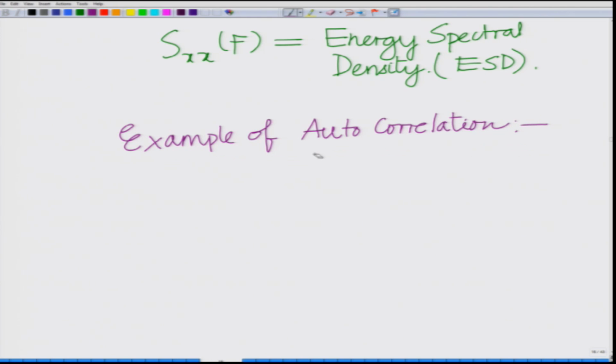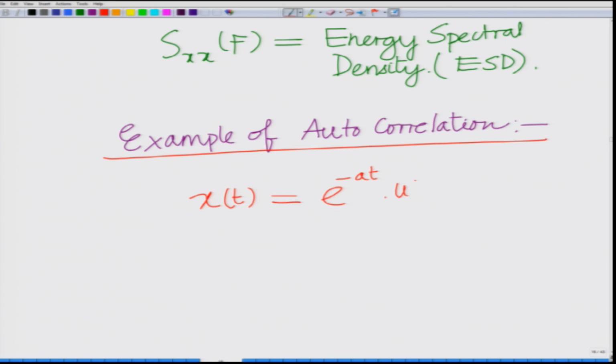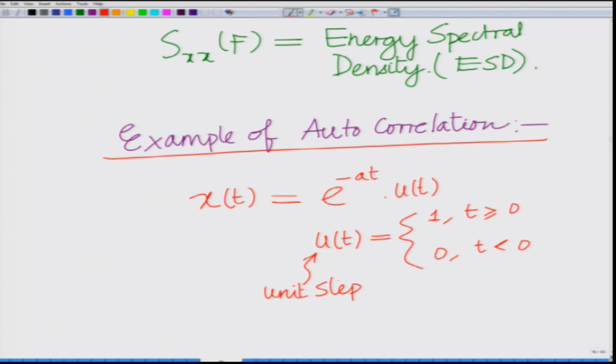Let us consider this signal x t equal to e power minus a t u t, where u t, as we are all familiar, is the unit step function, which is 1 for t greater than or equal to 0, 0 for t less than 0.